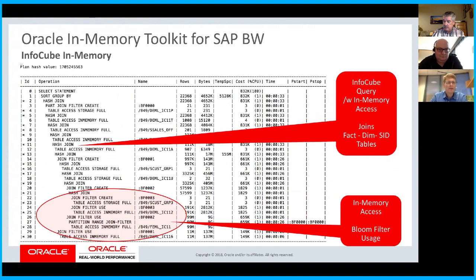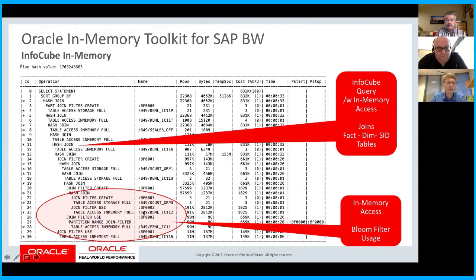In this case, you see we did apply the in-memory attribute to certain parts of the InfoCube. So this one in the center is the fact table, and then we decided to put some dimension tables into memory as well.